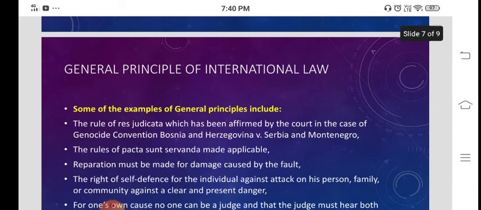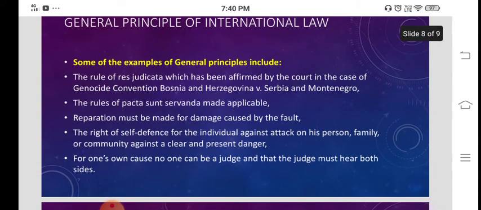General principles of international law. Some examples of general principles include the rule of res judicata, which has been affirmed by the court in the Genocide Convention case, Bosnia and Herzegovina versus Serbia and Montenegro. The rule of pacta sunt servanda is made applicable.